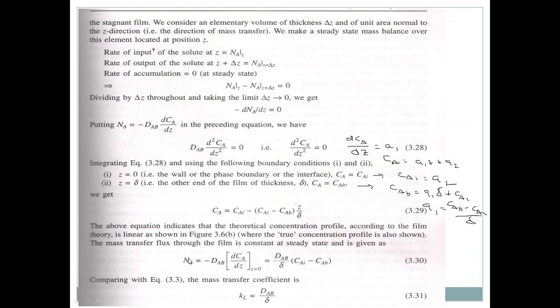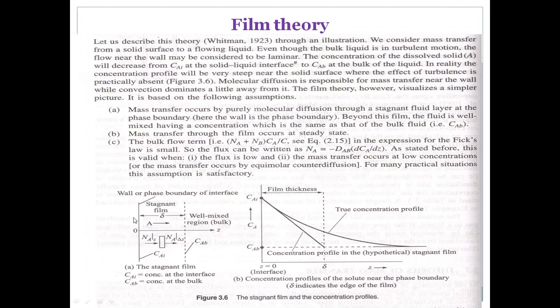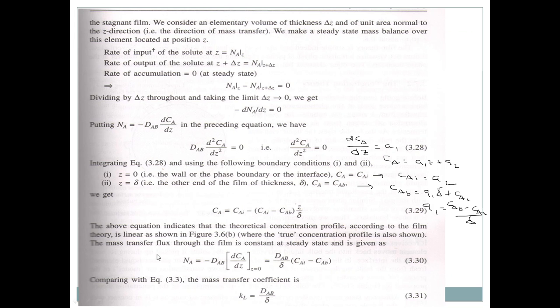Now what is N_A? N_A equals minus D_AB dC_A/dz at z equal to 0, because whatever is at that point will come. If you put this, dC_A/dz is (C_Ab minus C_Ai) by delta, so N_A will be D_AB by delta times (C_Ai minus C_Ab).